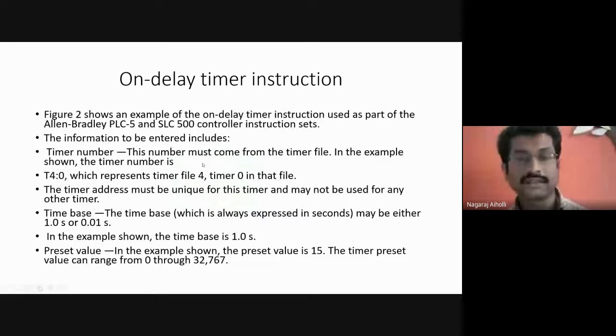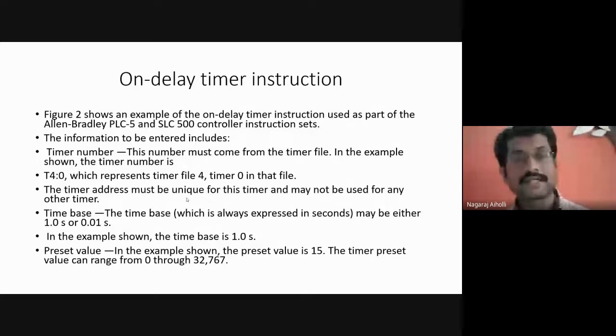Timer number: this number must come from the timer file. In the example shown, the timer number is T4:0, which represents timer file 4, timer 0 in the file. The timer address must be unique. This is important. The timer address is unique for every file and for every timer. No two addresses can overlap or be similar. Suppose it is timer 1 of file 4, the address will be T4:1.